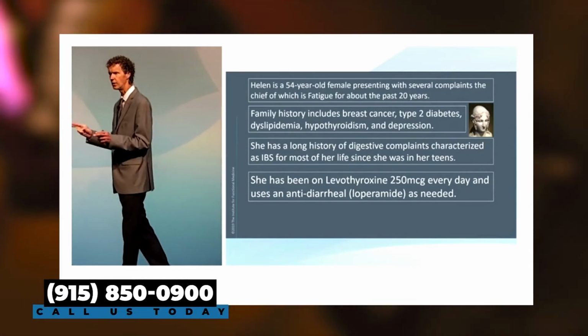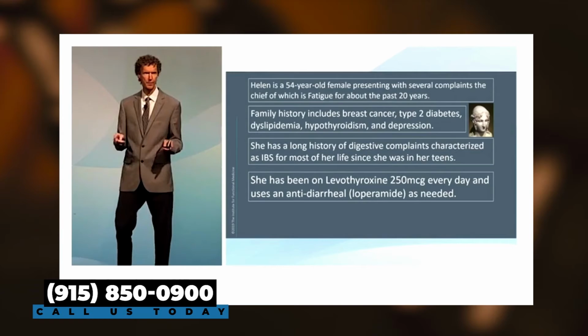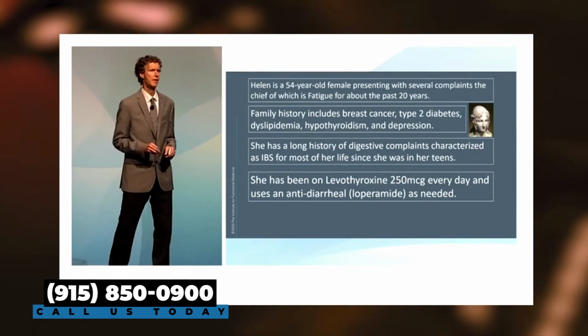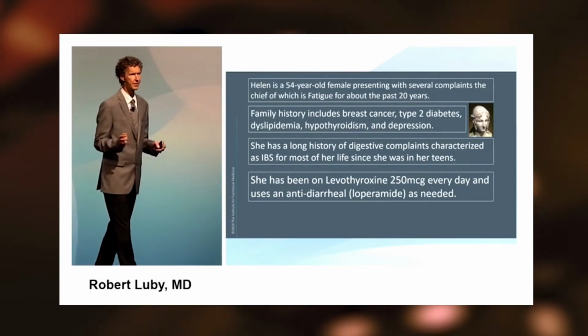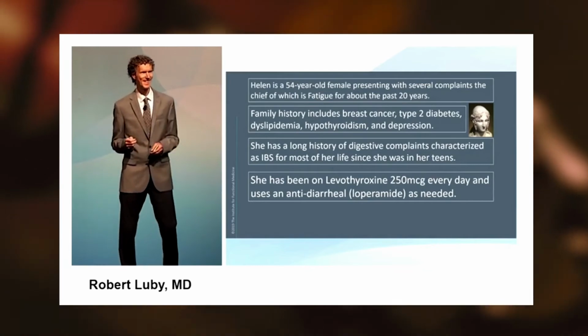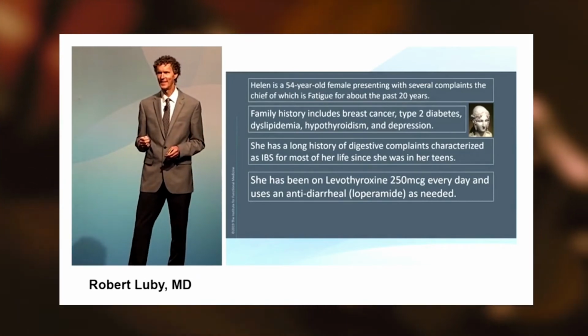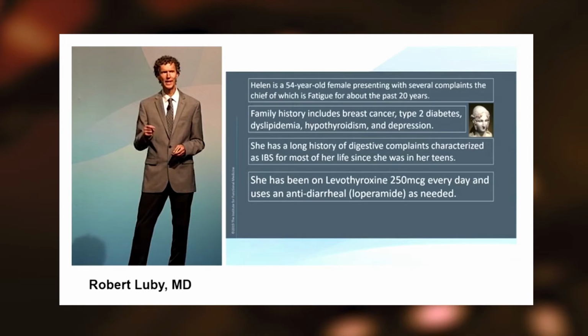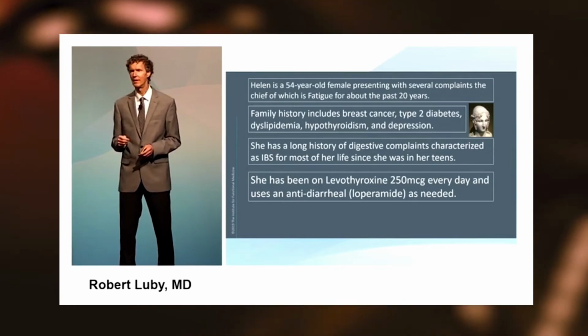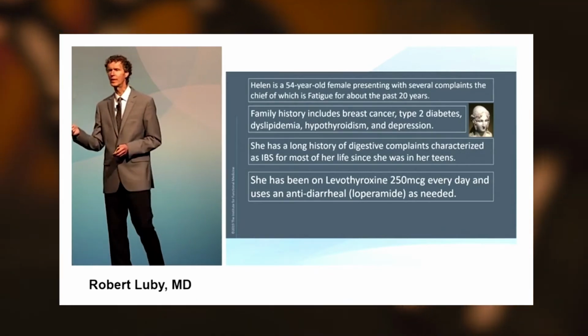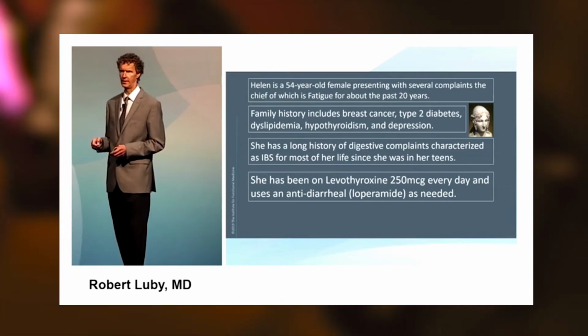Is she taking it too close to food or other medications? 4, come on, functional medicine physicians now. PTSD. The T also stands for the C here, conversion. Is the T4 supplement we're giving her being converted to T3?